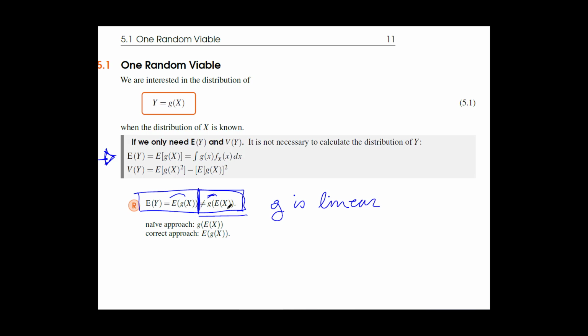But in general, that's not true. So we're going to call this the naive approach or the lazy approach, when you just evaluate the function at one point, and that point is the mean of x. And remember, the correct approach is to evaluate that function many times and then take the average.